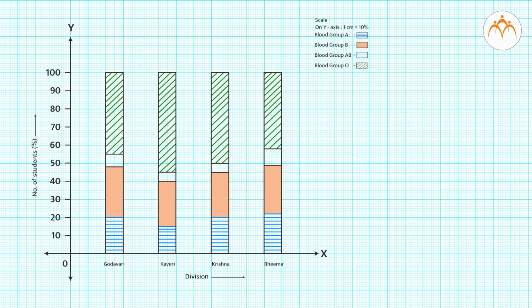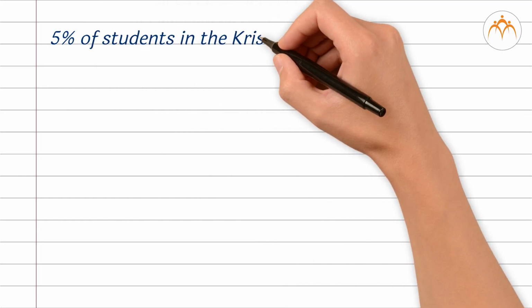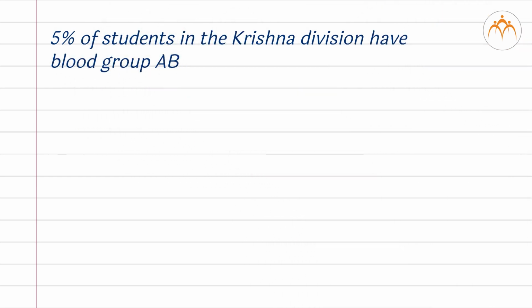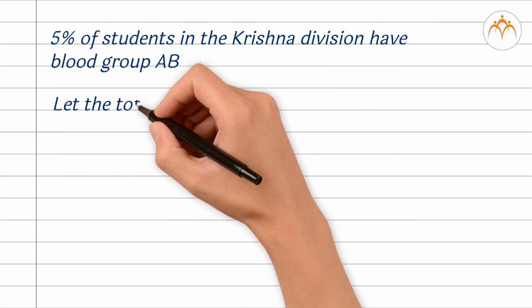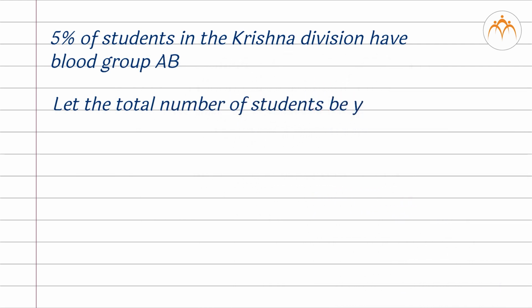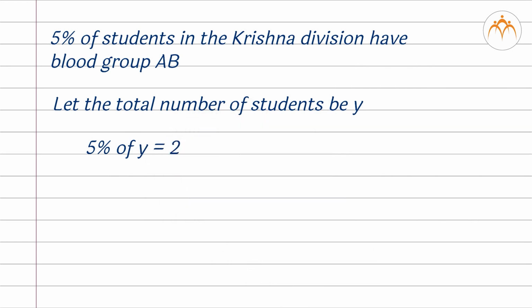Okay, now next question. In the Krishna division, there are 2 students with blood group AB. How many students have blood group A? 5% of the students in Krishna division have the blood group AB. Let the total number of students be Y. 5% of Y is equal to 2.